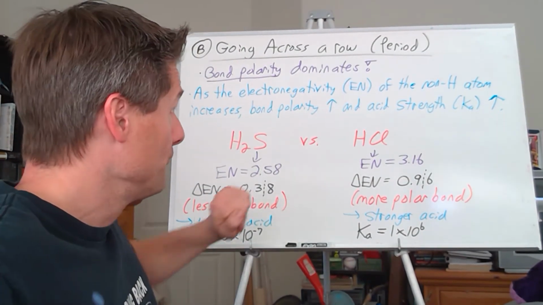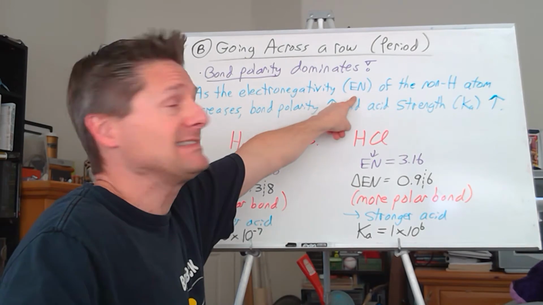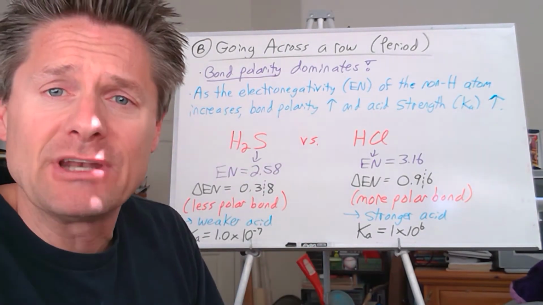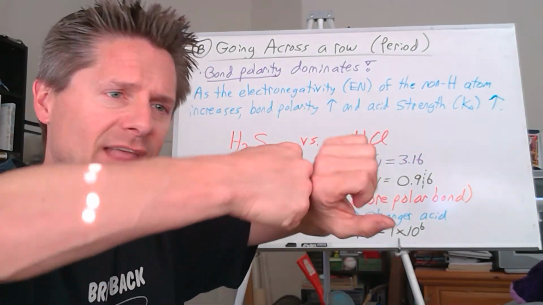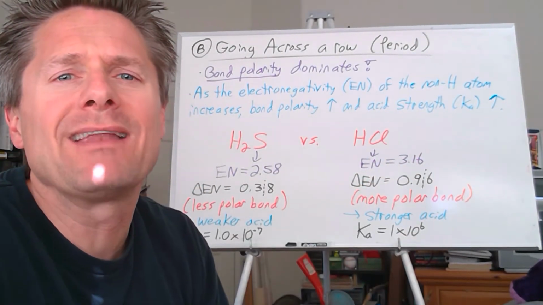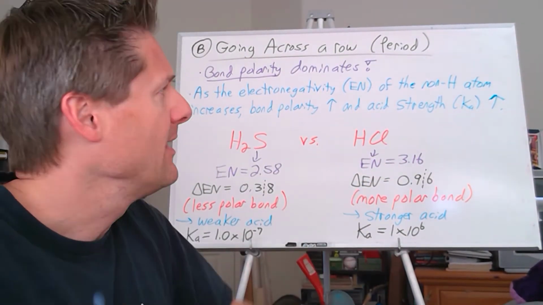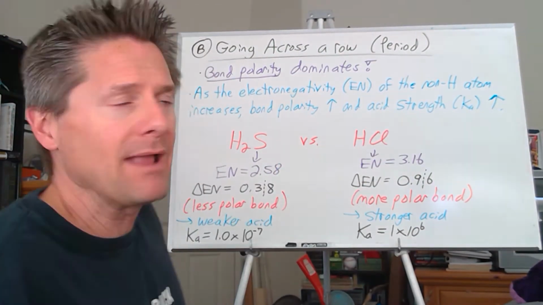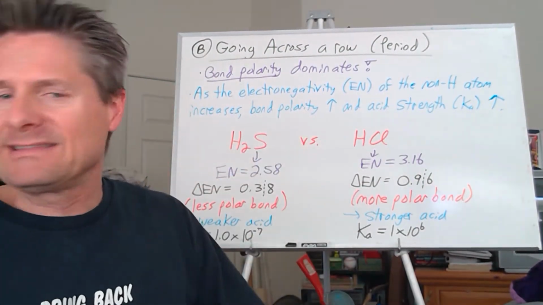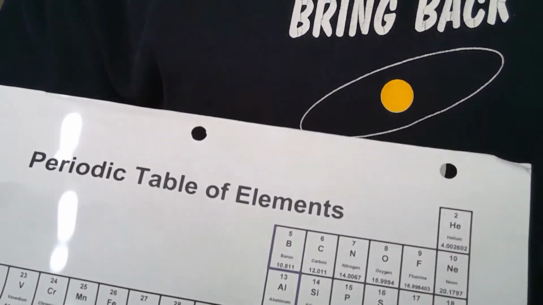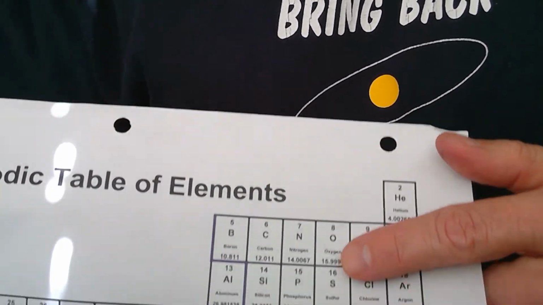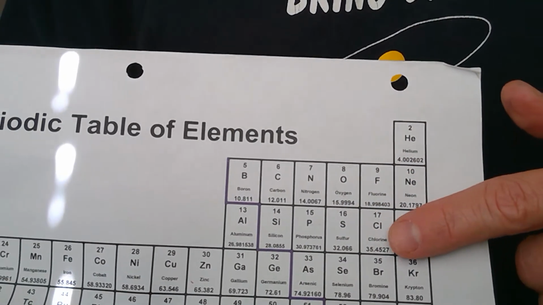All right. So as the electronegativity of the non-hydrogen atom increases, the bond polarity increases, creating that separation of charge within that bond. It's easier to get the H plus A minus. That makes it a stronger acid. For example, let's take H2S versus HCl.